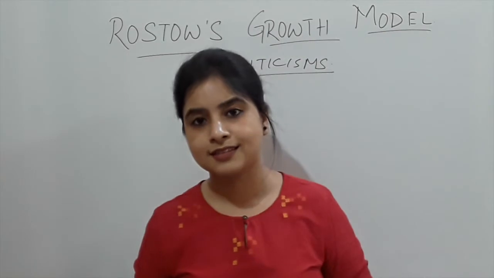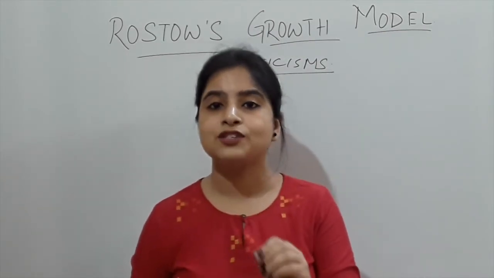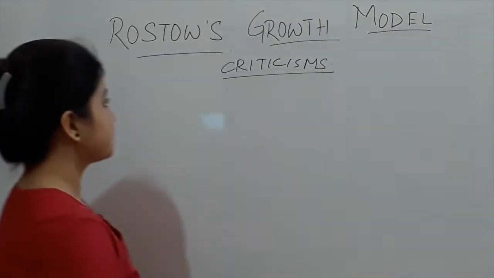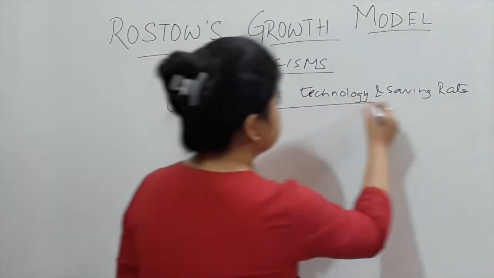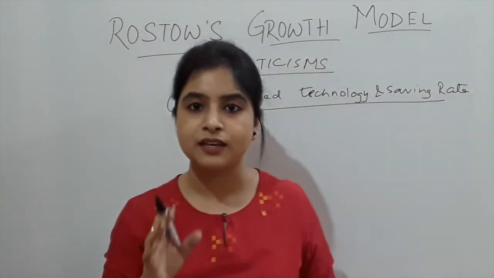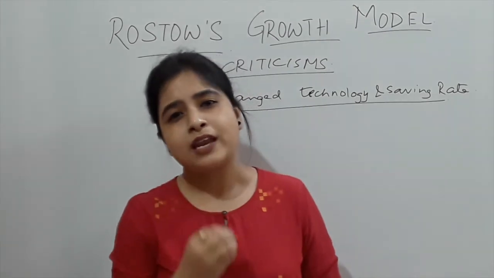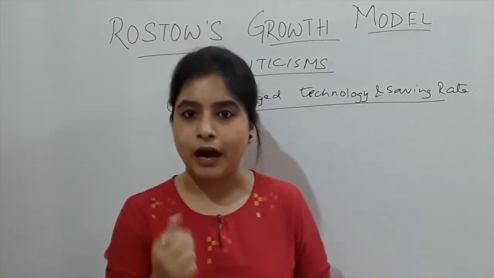So the first criticism that we are going to discuss here is the unchanged technology and the saving rate. While discussing the whole theory of the stages of development, Rostow was very much naive in nature. Why?